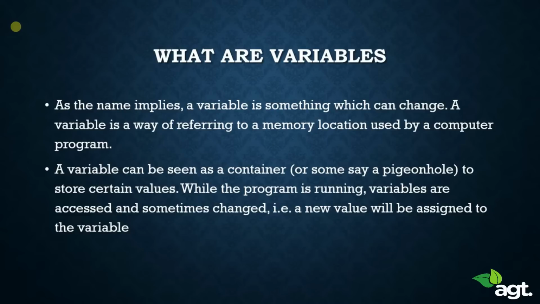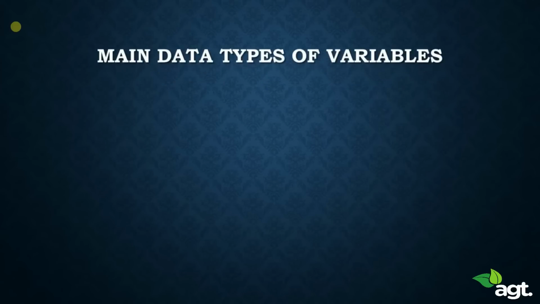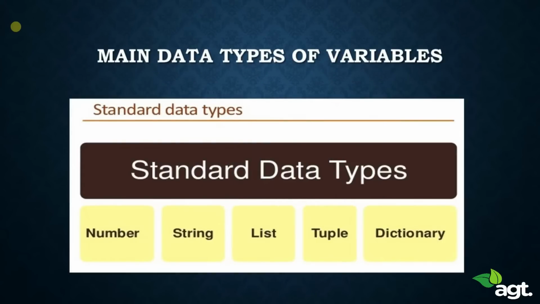Now before we do that, there is one more thing that you need to learn. That is different types of variables. Now there are 5 different standard data types in Python. They are numbers or integers, strings, list, tuples, and dictionaries.